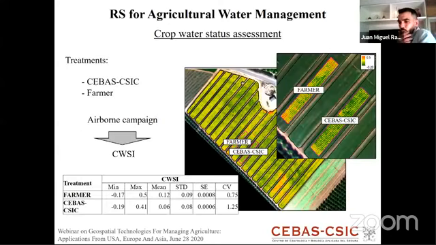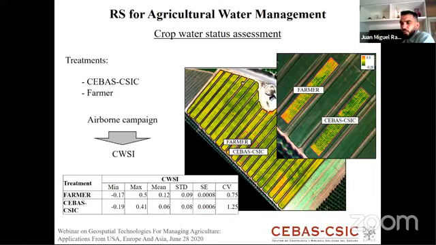And the last example that I would like to show you, referring to crop water status assessment, is this small experiment in which we compare the crop water status of a lettuce orchard under 2 different irrigation strategies. In the first treatment, we were in charge of providing the irrigation recommendation based on a model we developed at Sebastopol.